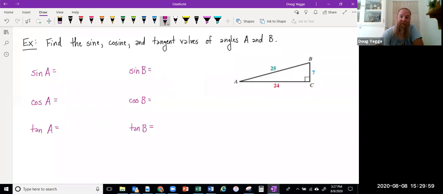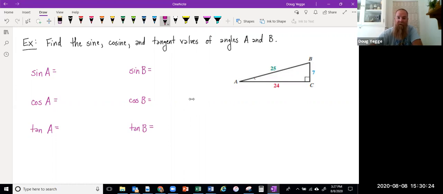Most of the time, some of the sides will involve radicals, square roots, because of the Pythagorean theorem. But we'd like to go ahead and take a look at this and recognize that even if we don't know what the angles of A and B are, we're still going to be able to find what the trigonometric function values are, or the ratios of the sides, by being given the side lengths themselves.